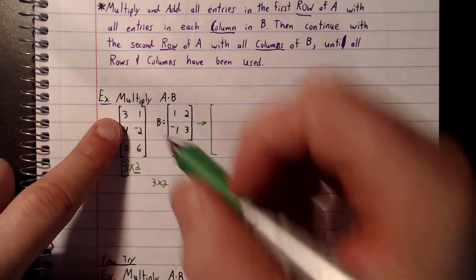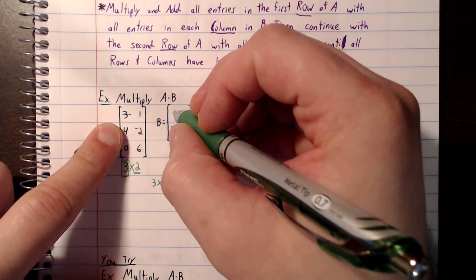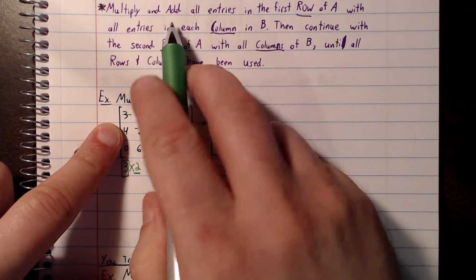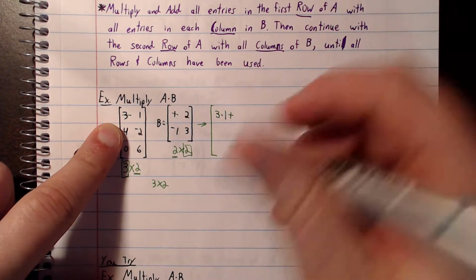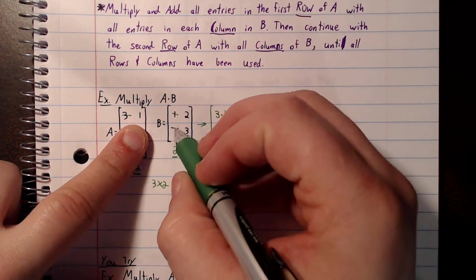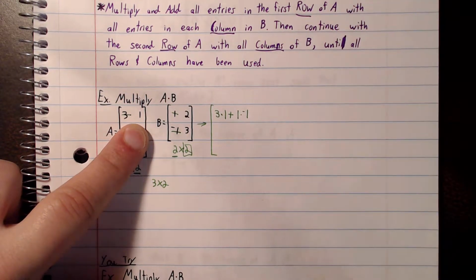I'm going to take my first term of A here and multiply it by the first term of B. And then I'm going to add the second term in row A, which is 1, times the second term in column B, -1.